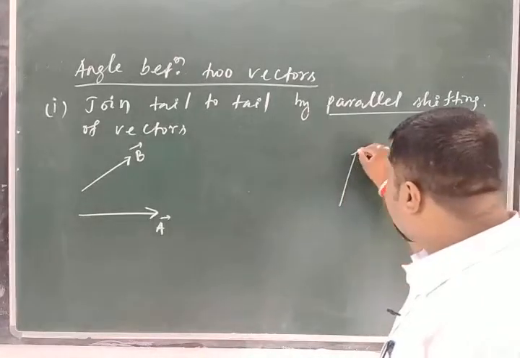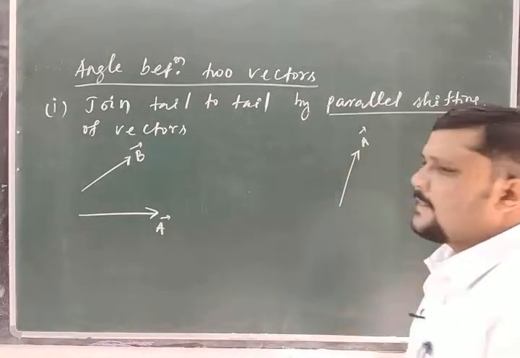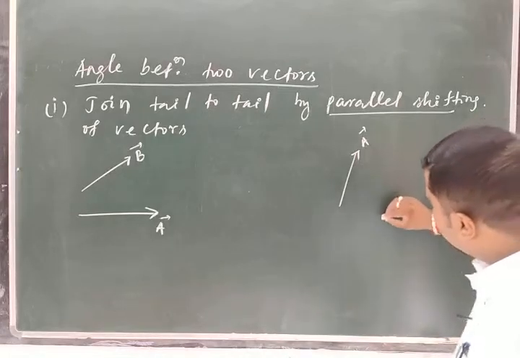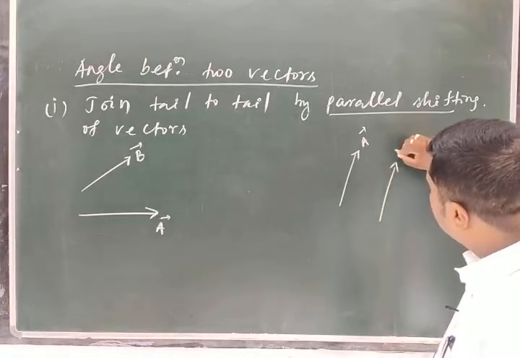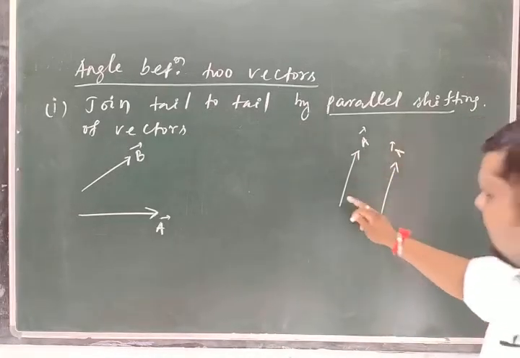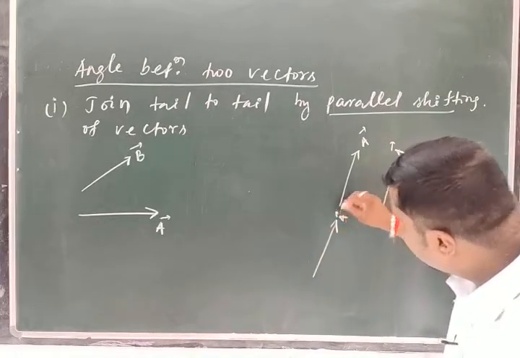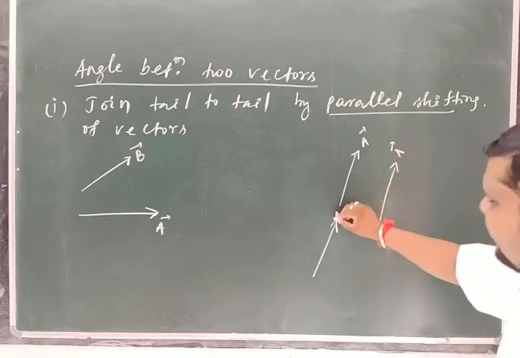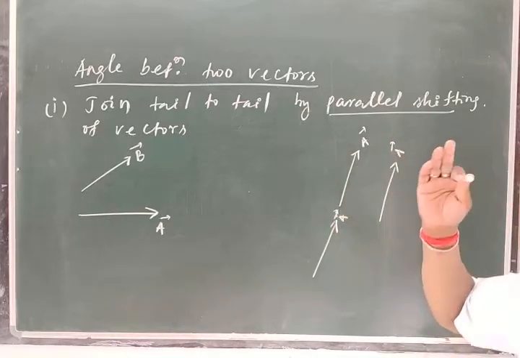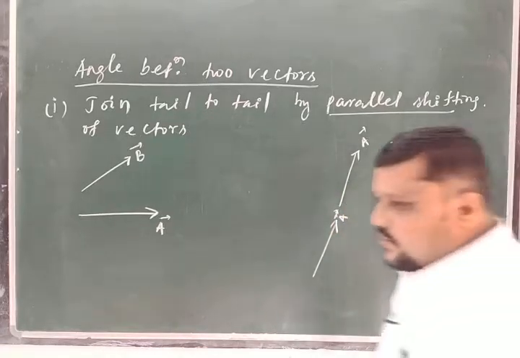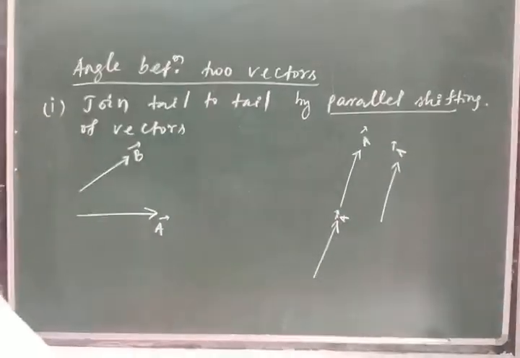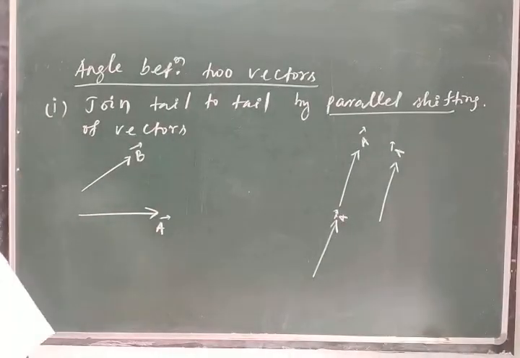If this is vector A and I shift it parallel like this, it is also parallel, so there is no change; the vector remains the same. This is the concept, so while calculating we will use this parallel shifting.